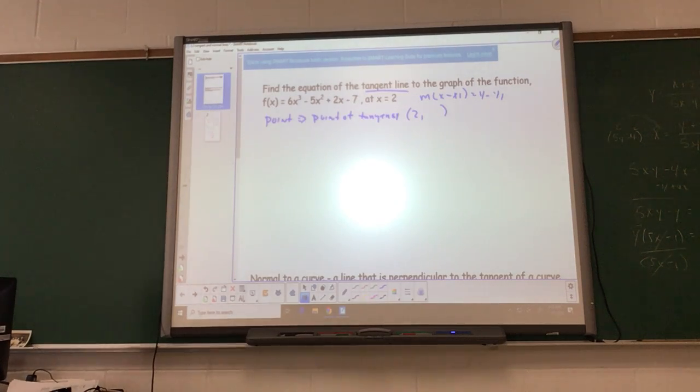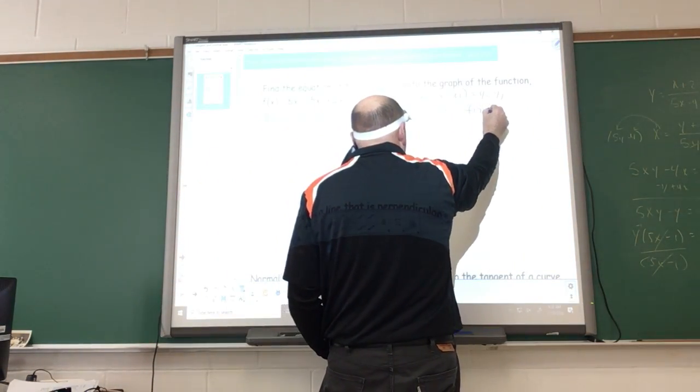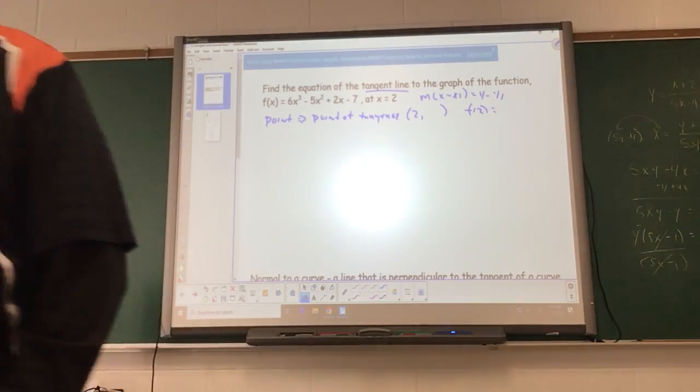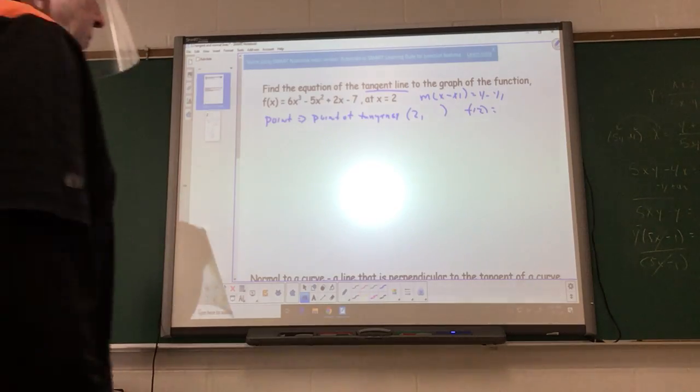So we can find our function value at 2 by plugging in. So we have 6 times 8 minus 5 times 4 plus 2 times 2 minus 7 to find a point of tangency. Carmela, what do you come up with? 25.